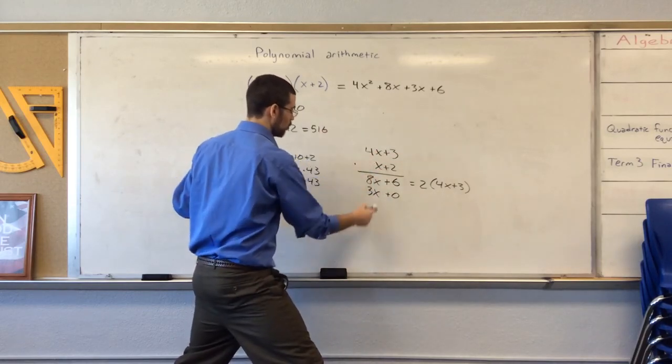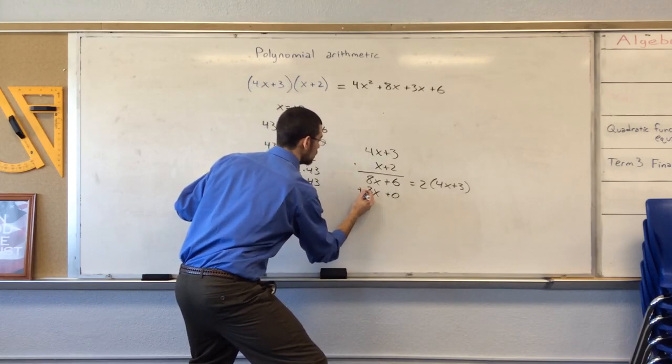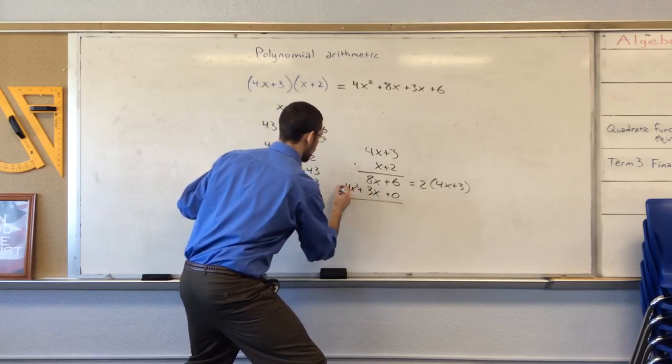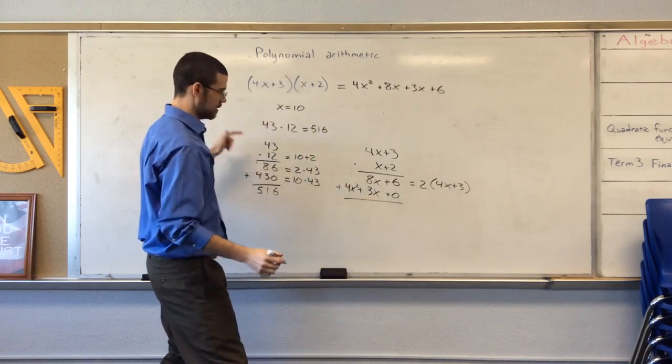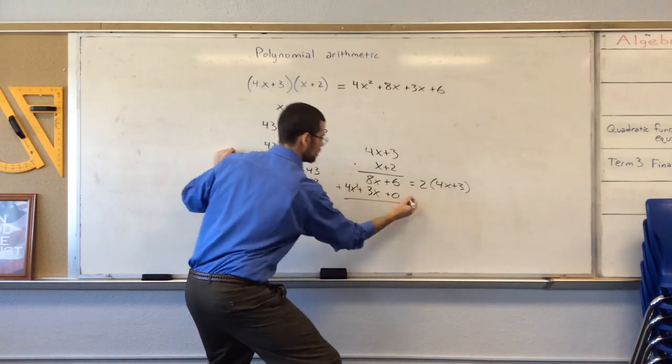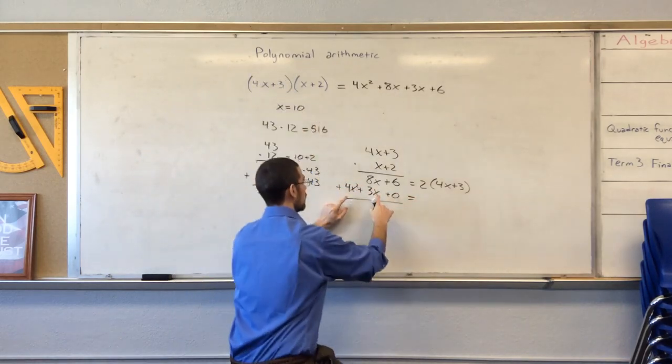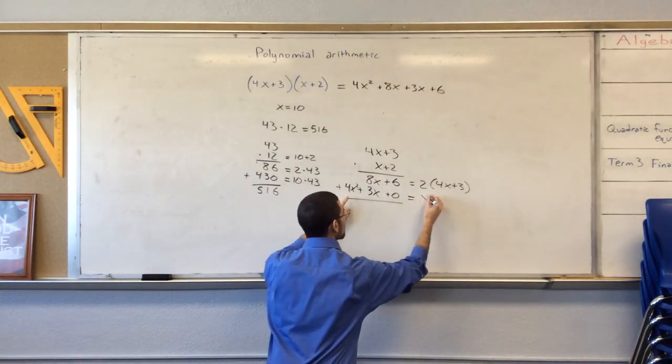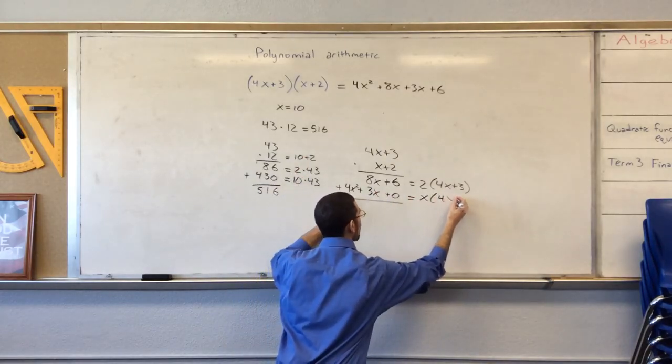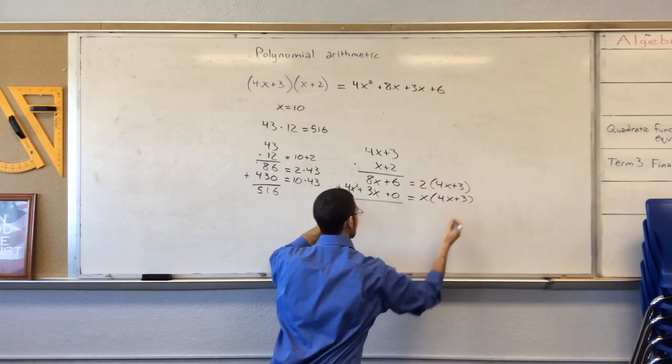Then we have x times 4x, which is 4x squared. We're going to add those things just like we added these things. So this expression right here is x times 4x plus 3.